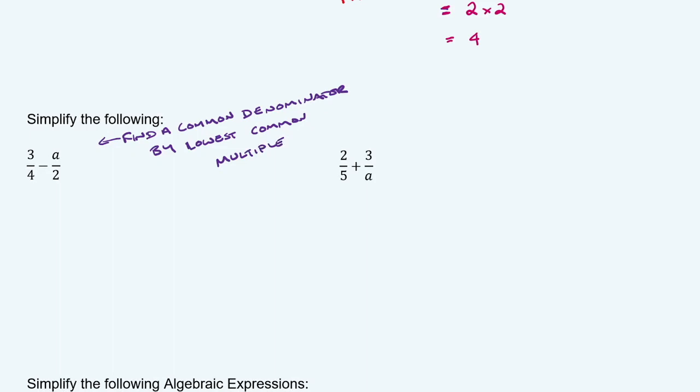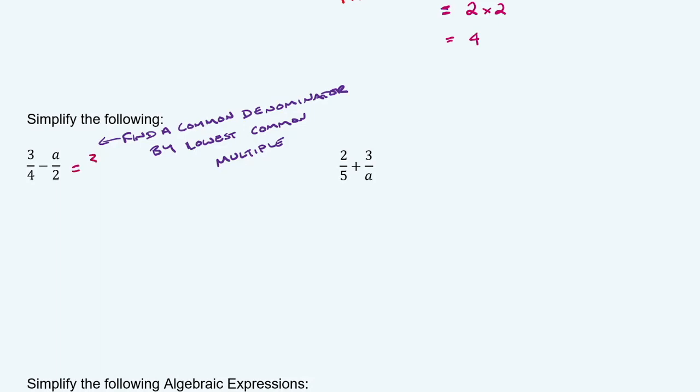Now for this one, you can see the lowest common multiple will actually be 4, because 2 goes into 4 and 4 goes into 4. It is a multiple of 2 even, but 4 is the lowest common multiple.